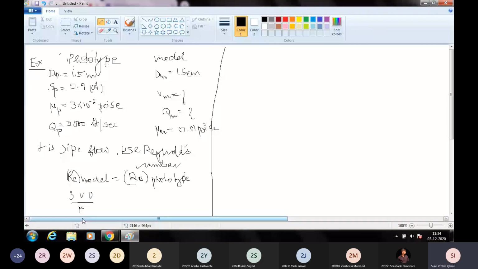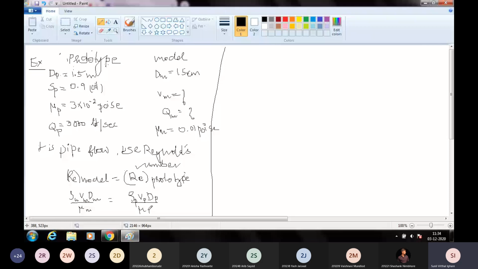Again, in case of a prototype, we are writing the same formula rho v d divided by mu. So rho is for model, v is for again the model, and this is p for prototype. On the right hand side, we just write p for the prototype.